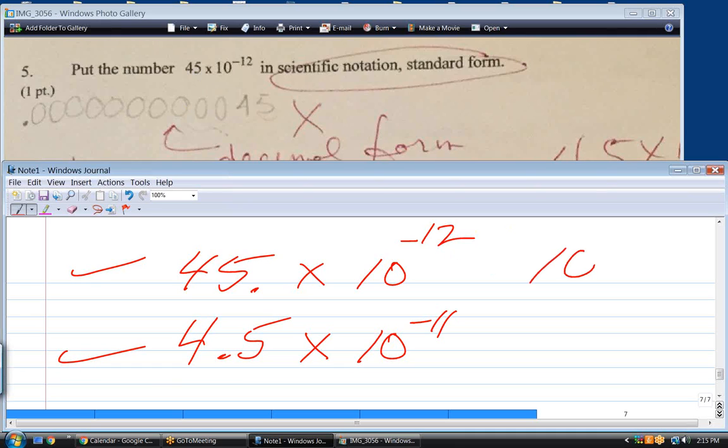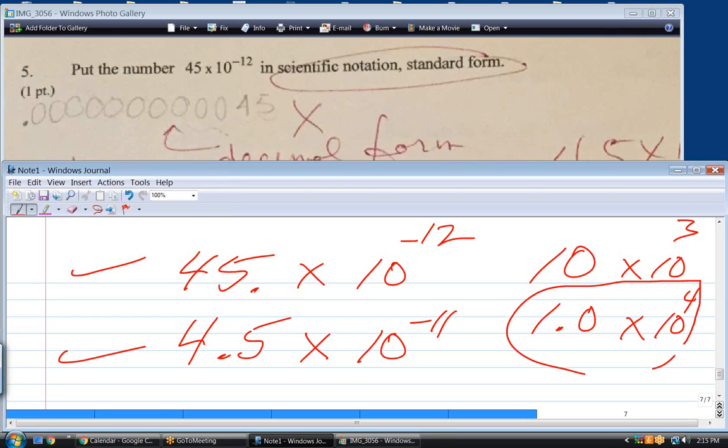If I had a 10, I would change it to 1.0. Say if I had 10 times 10 to the third, that would become 1.0 times 10 to the fourth. Okay, that makes so much more sense. That would be scientific notation, because this number is greater than or equal to 1, and it's less than 10. That's the rule.